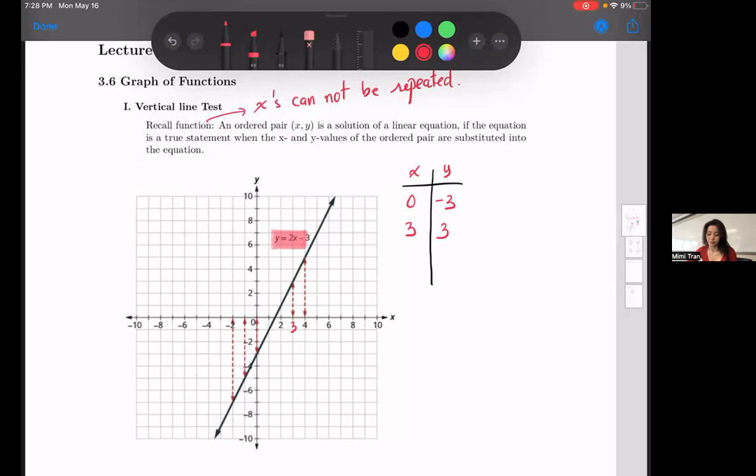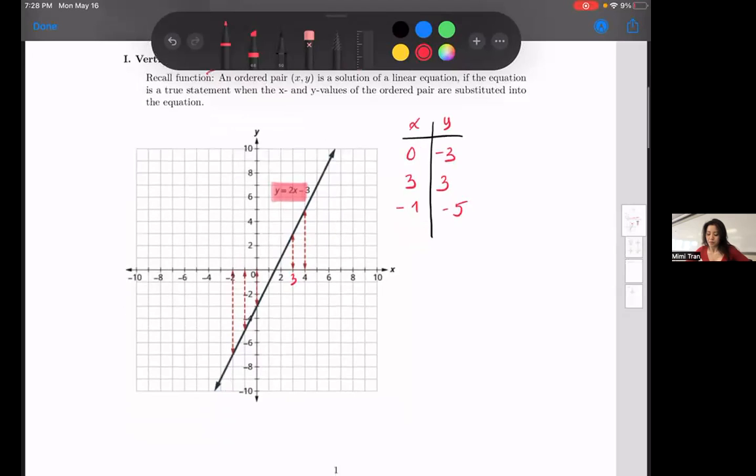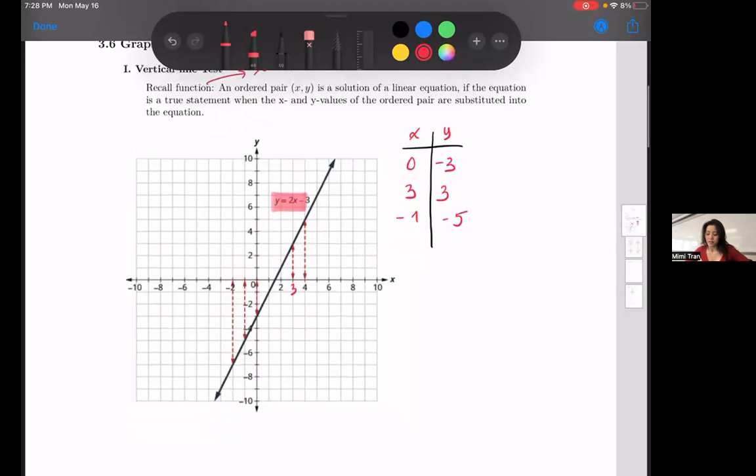So y is 3. Or when x equal -1, y equal -5, right? And so on. You can just plug in a bunch of points. But my point is that for every x, I have one y. That means x is not repeated, right?